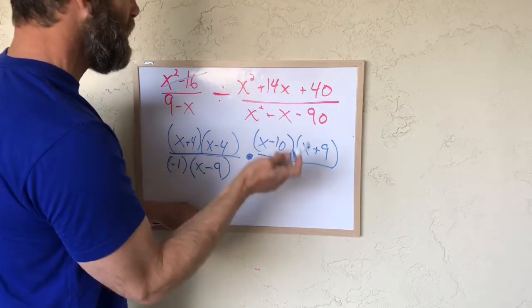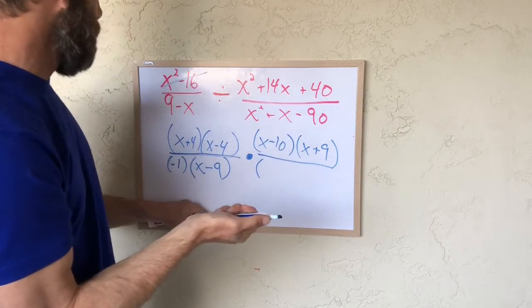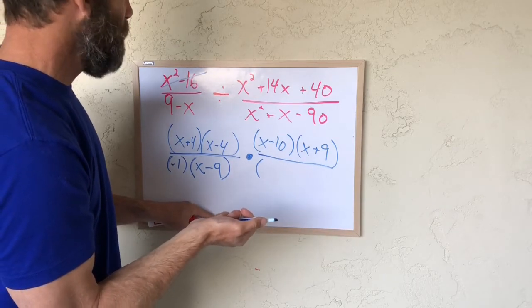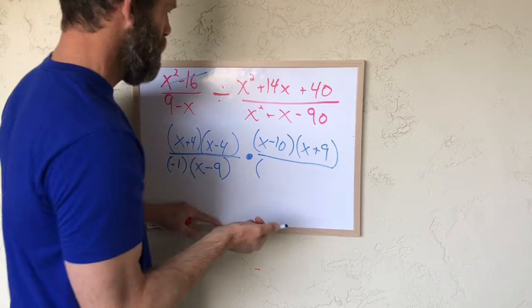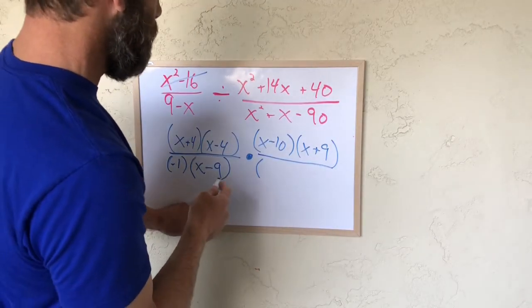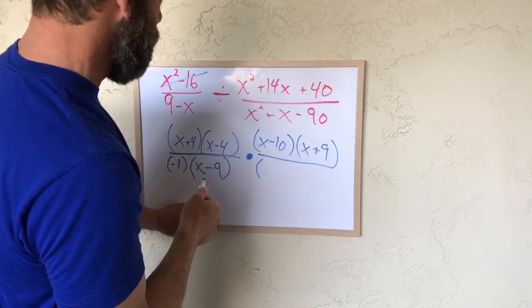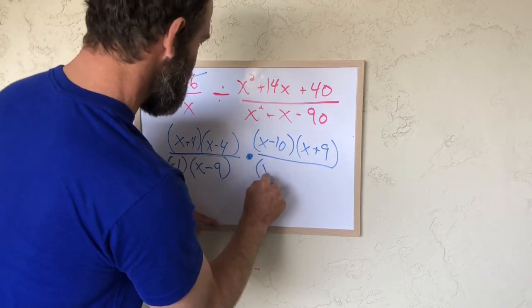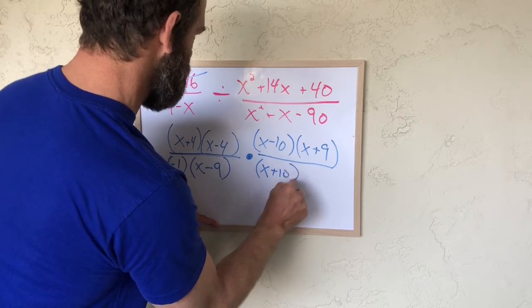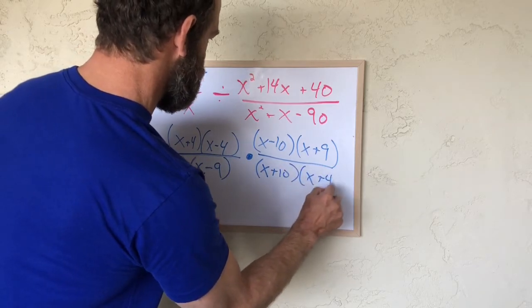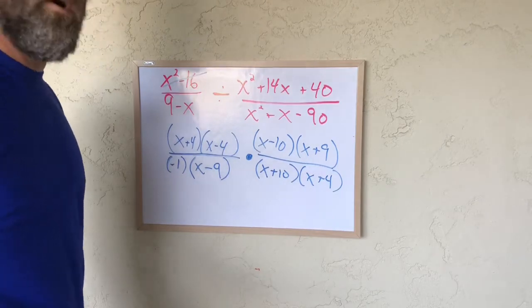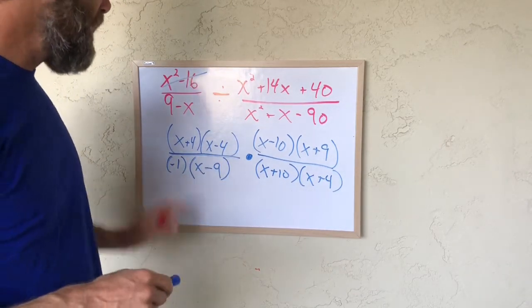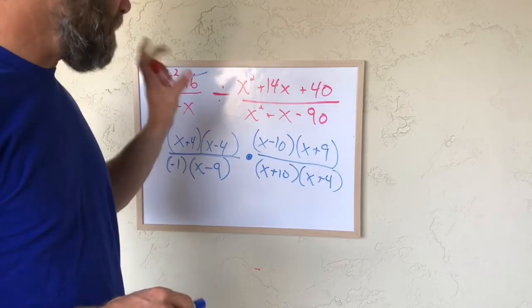Two numbers that multiply together to get positive 40 and add together to get positive 14, I'm having a brain fart here, are 10 and 4: x plus 10, x plus 4. All right, now I have everything ready to simplify. I've simplified it first, meaning factored.